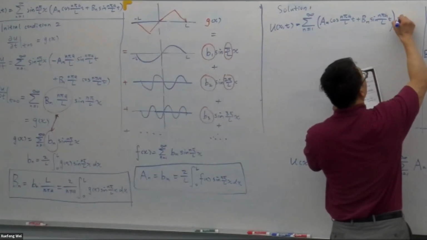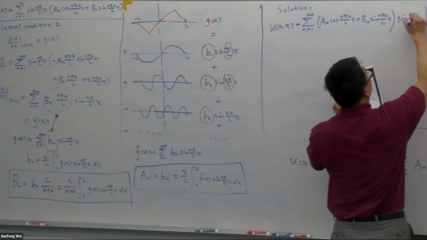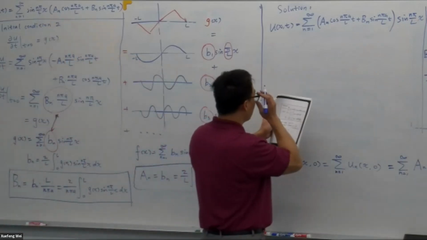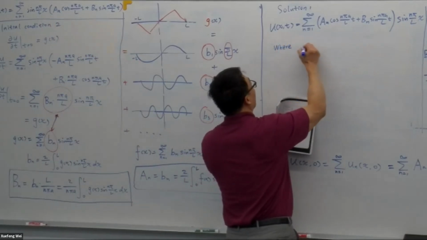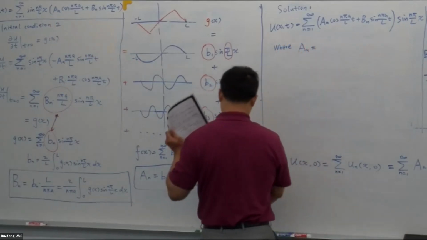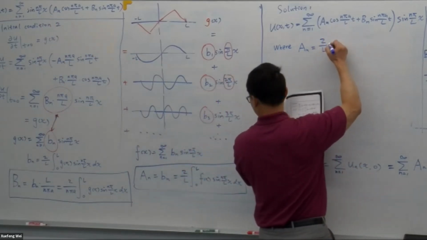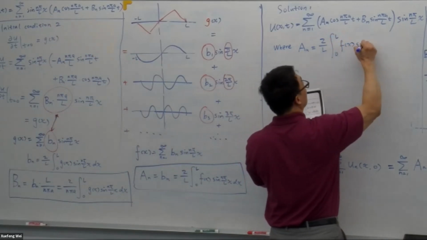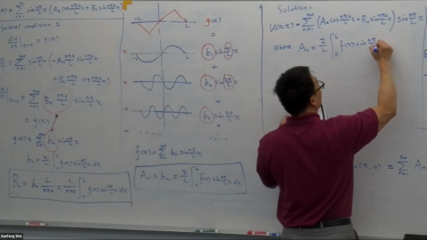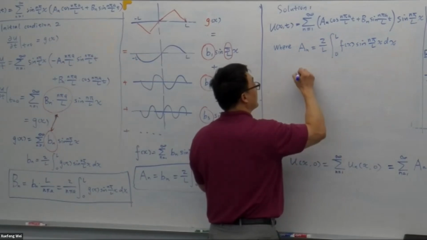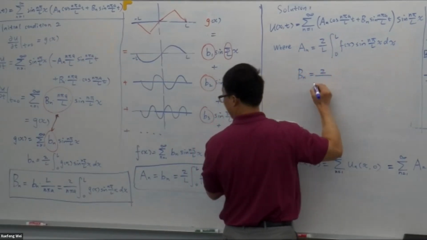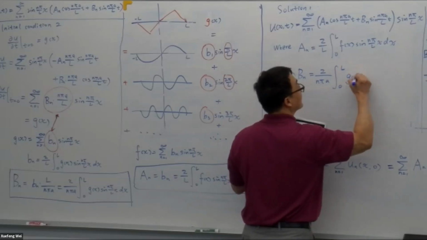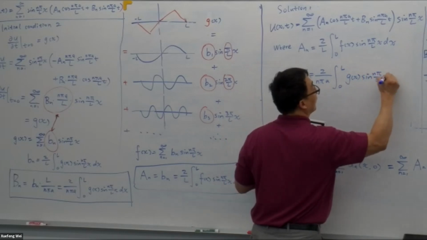And where An equals 2 over L integral from 0 to L of f(x) sine n pi over L x dx, and Bn equals 2 over n pi a integral from 0 to L of g(x) sine n pi over L x dx.